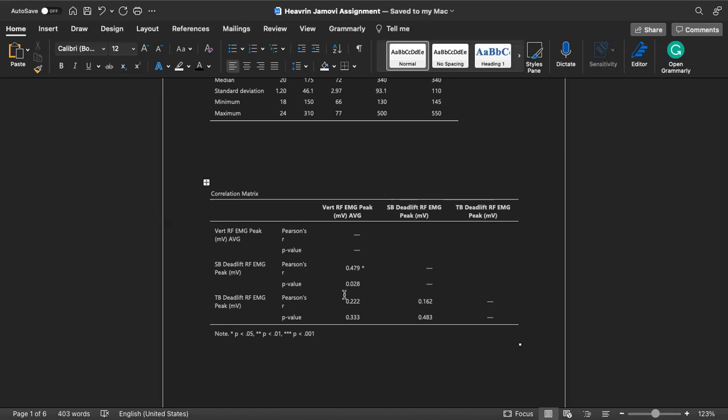Some limitations that I found in this study were that we only required that you had been lifting for a year, whereas some of these guys, well, one person really never deadlifted, and some were athletes in the gym working out but never deadlifted because it didn't have anything to do with their sport.